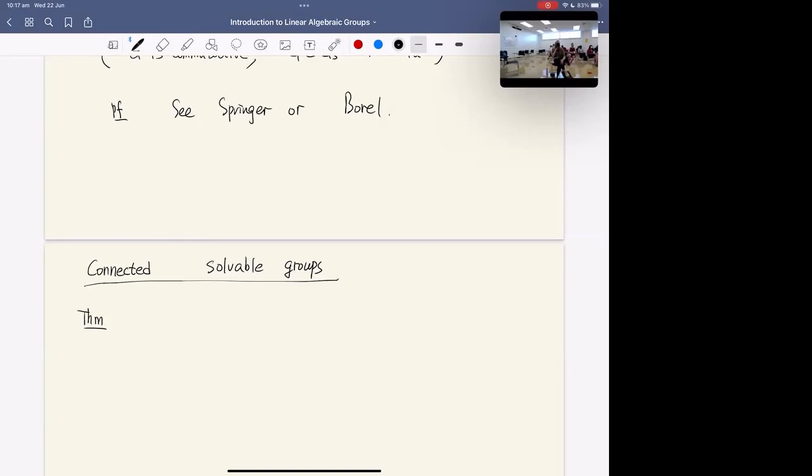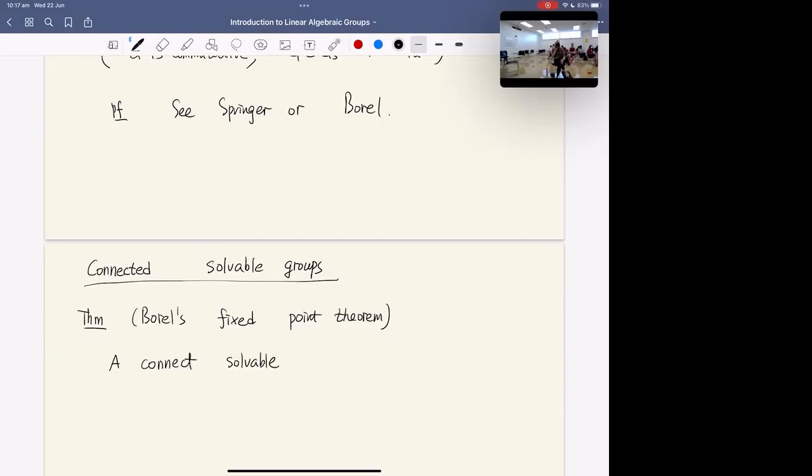Let me start with a theorem called Borel's fixed point theorem. Solvable here is just solvable as in abstract group theory.